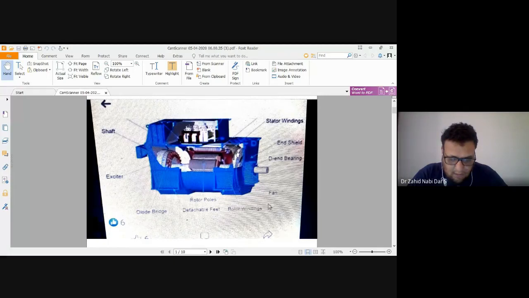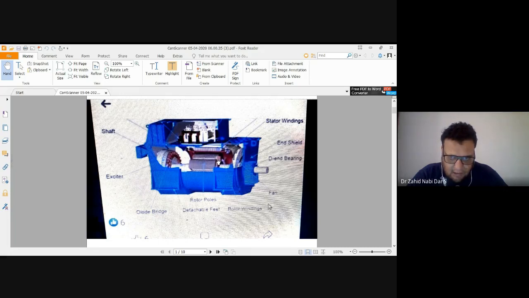Now, the field windings are the windings that produce the main magnetic field in a machine, and the term armature windings applies to the windings where the main voltage is induced. The rotor of a synchronous generator is essentially a large electromagnet. How did it become a large electromagnet? Because of the brushless DC exciter.